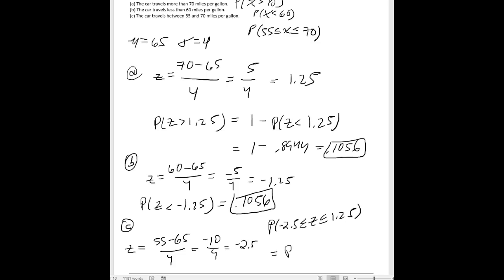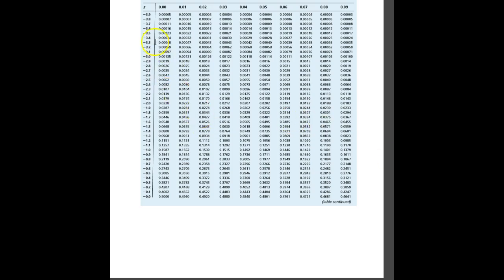This is just going to be the probability that z is less than 1.25 minus the probability that z is less than negative 2.5. We know the probability that z is less than 1.25 is 0.8944, because I already found that in the first problem. And then for z less than negative 2.5, we find that here: negative 2.5, 0.0062.